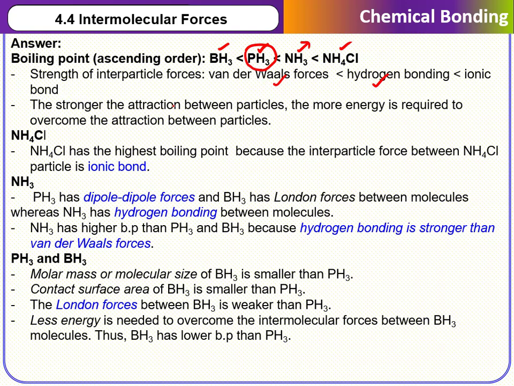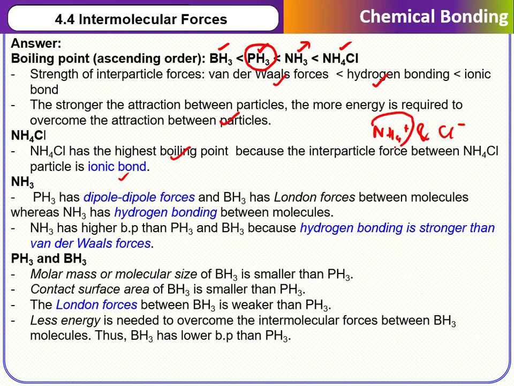The stronger the attraction between the particles, of course we need more energy to overcome the strong attraction between the particles. So ammonium chloride will have the highest boiling point. Why? Because the interparticle force between the ammonium cation and the chloride ion is the ionic bond.